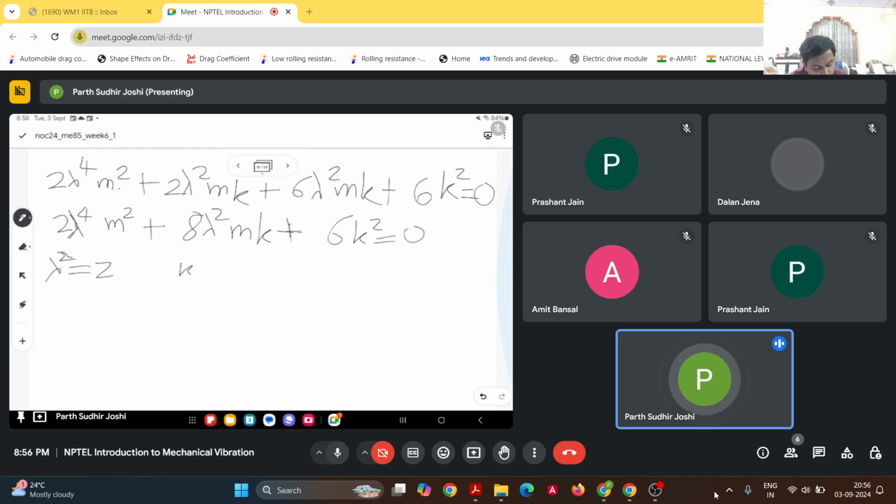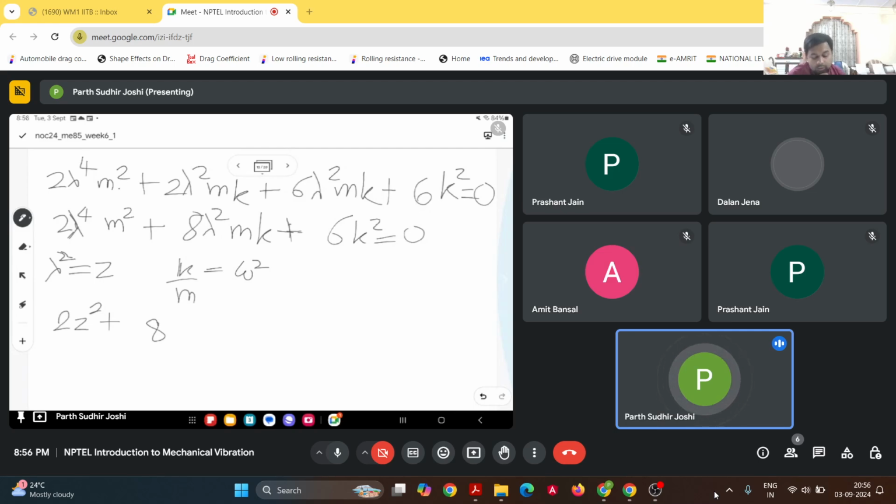You can also simplify by saying that k by m is some omega square, and divide both sides of the equation by m square.